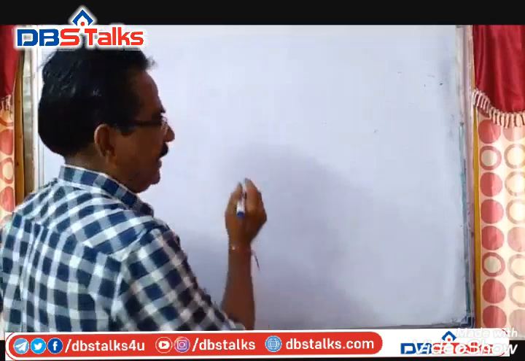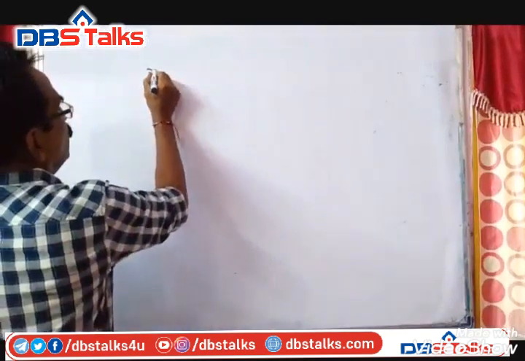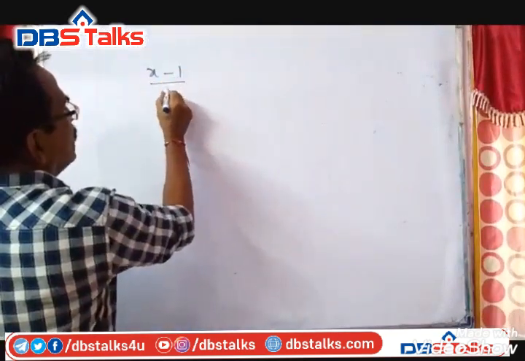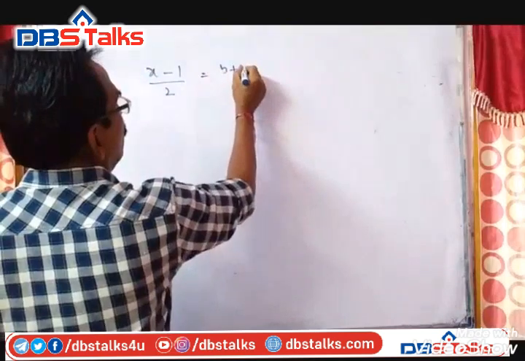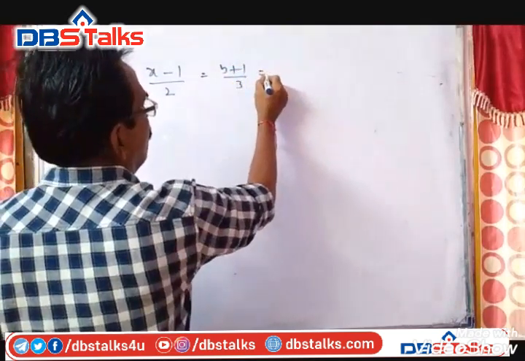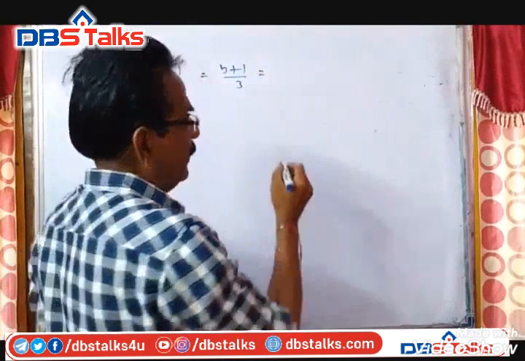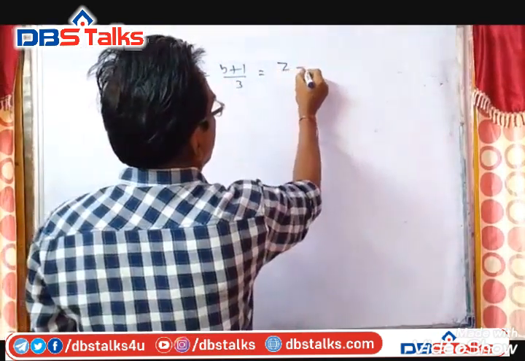See two lines: (x minus 1)/2 is equal to (y plus 1)/3, that is equal to (z minus 1)/4.